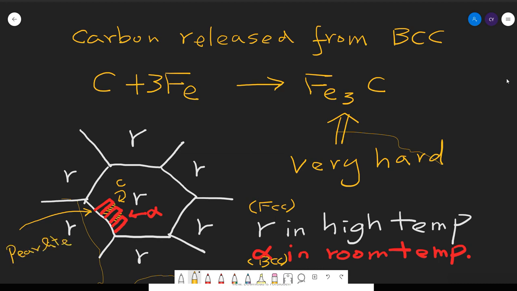So actually, pearlite is ferrite plus cementite. Okay, now I will summarize this for you.